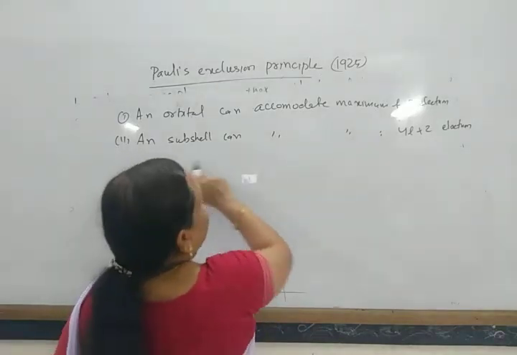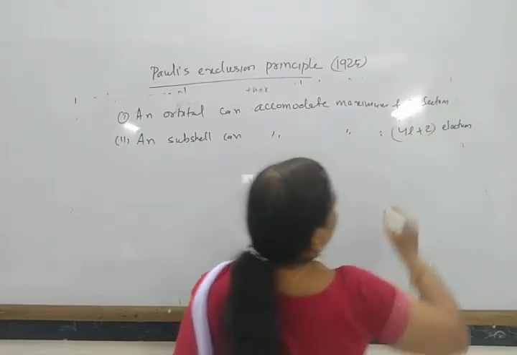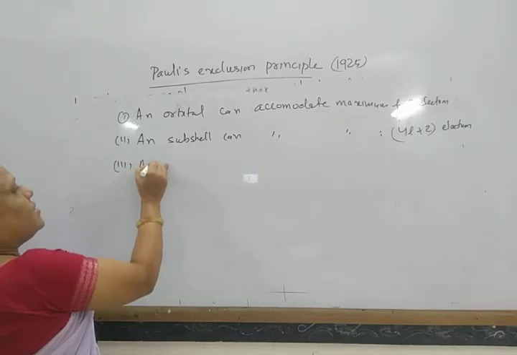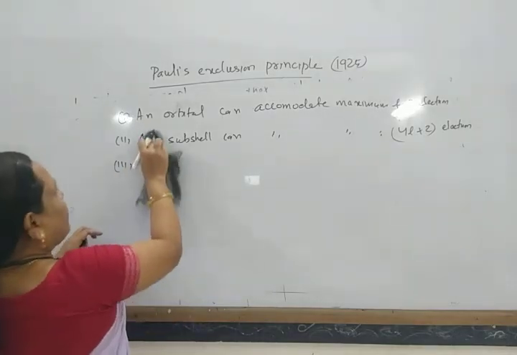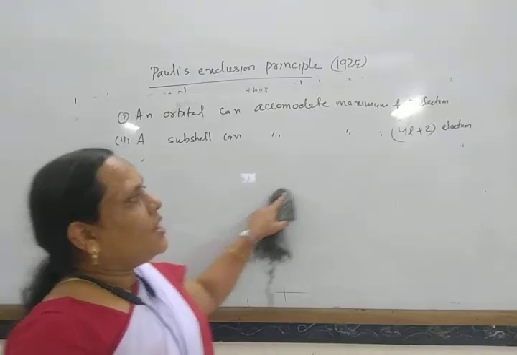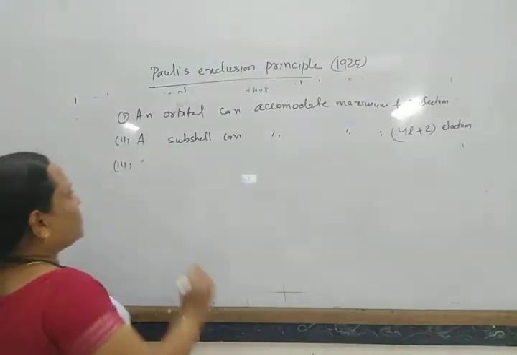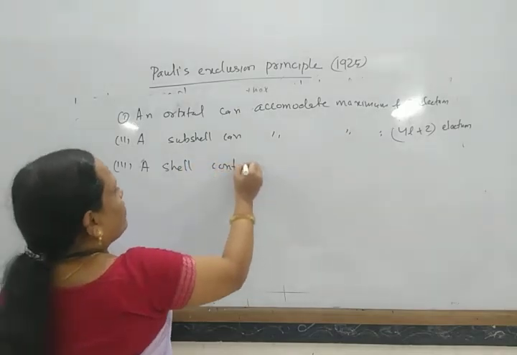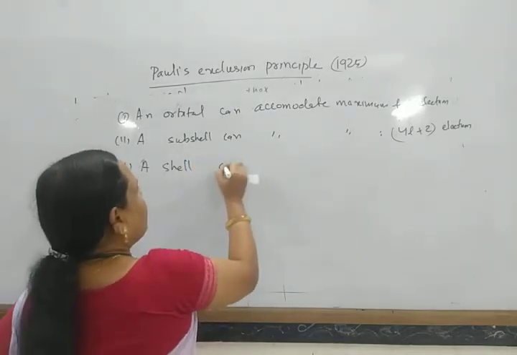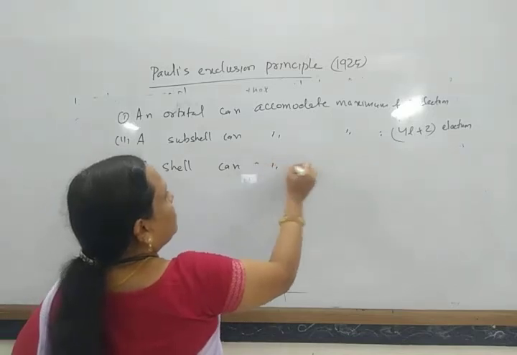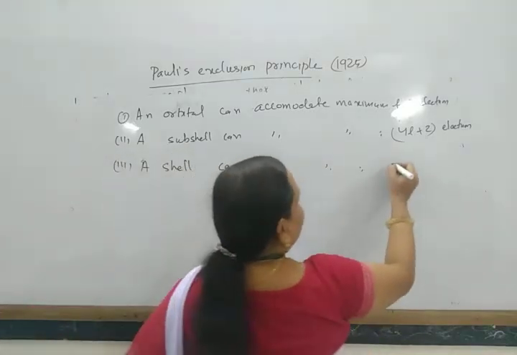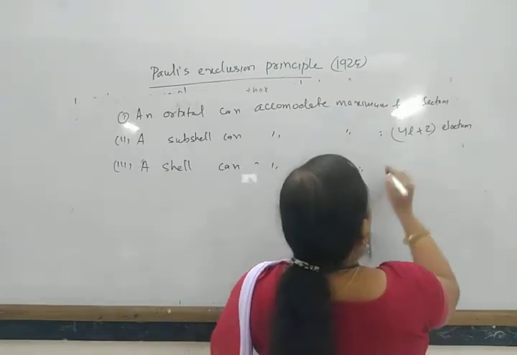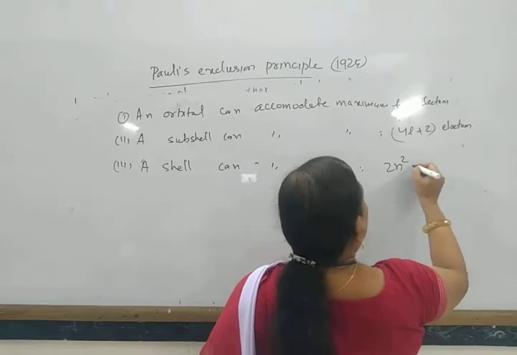In this way, a subcell can accommodate a maximum of 4l plus 2 electrons, and a cell can accommodate a maximum of 2n square electrons.